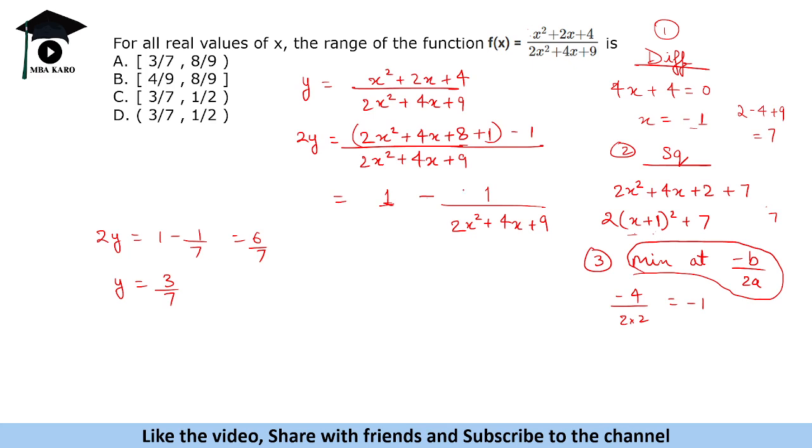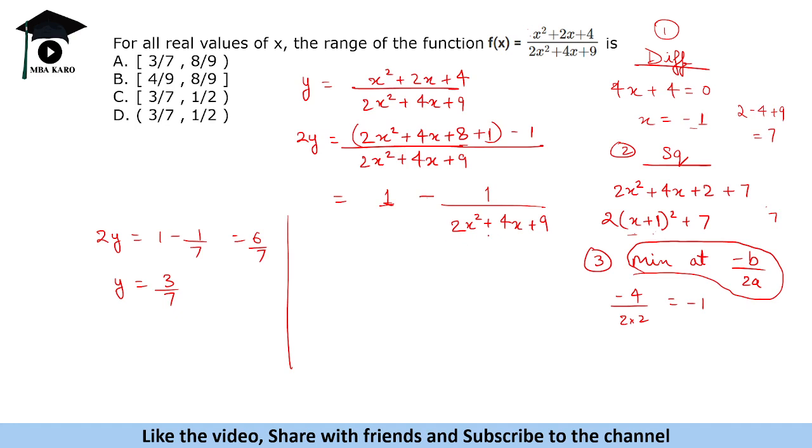And the second case that we will take is, we will find the maximum value of this. What is the maximum value of this? We can say that it can go up to infinity, right? If we put this as infinity, now this fraction will be almost equal to 0, right?